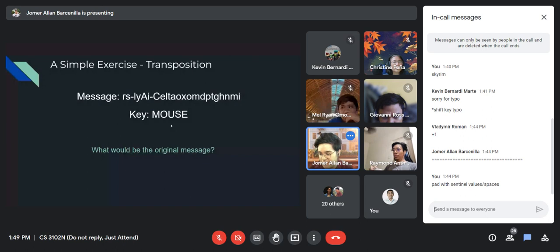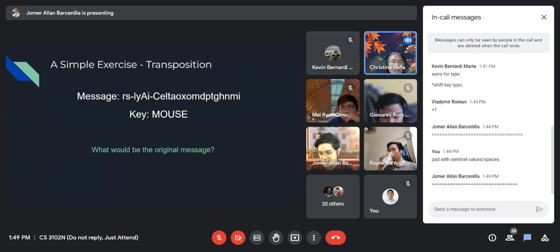Give them time. Can you list the steps so they can follow? It was a bit fast.